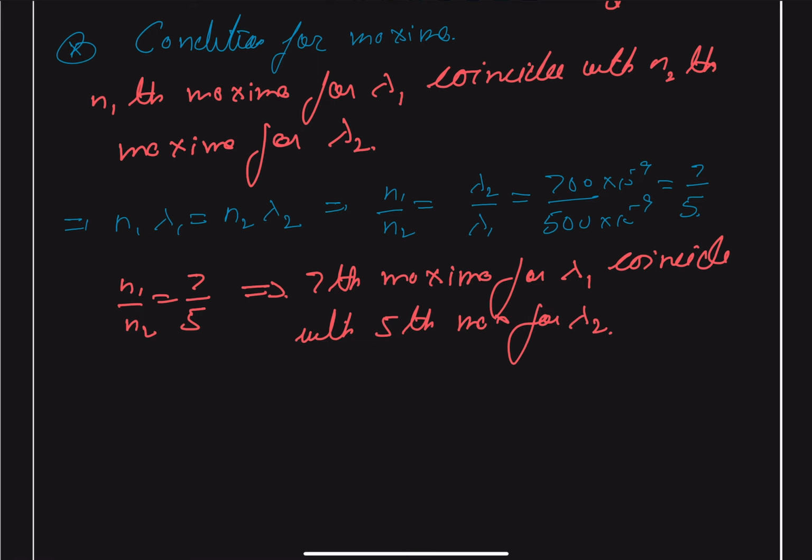And in proportion, we can also say that the 14th maxima for lambda 1 coincides with the 10th maxima for lambda 2.